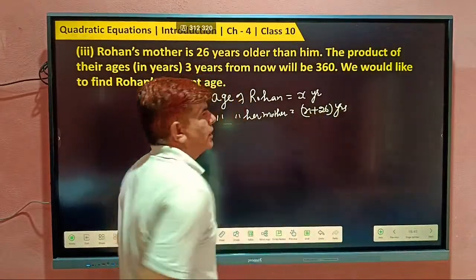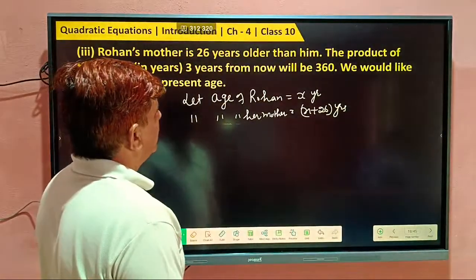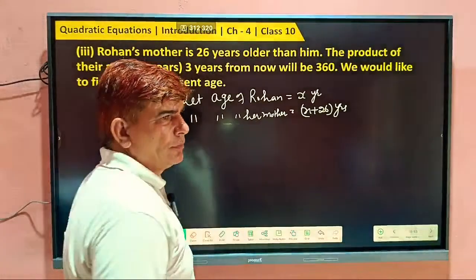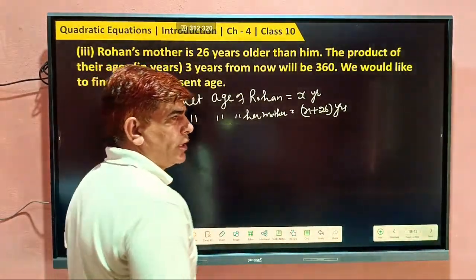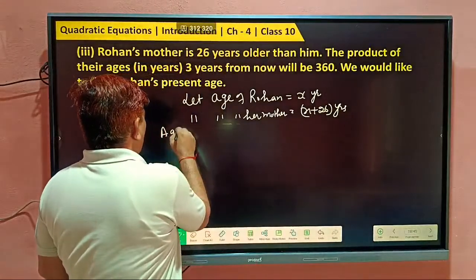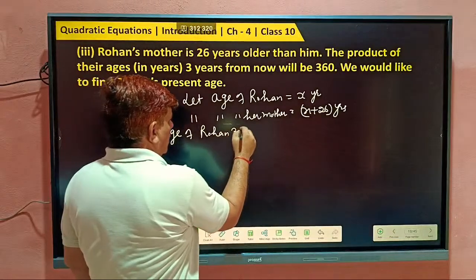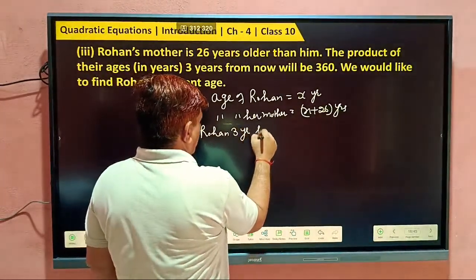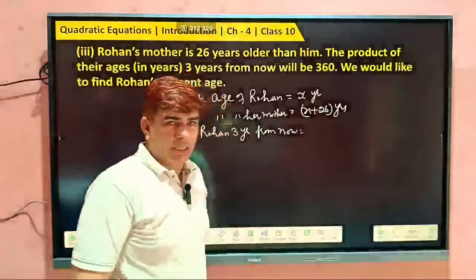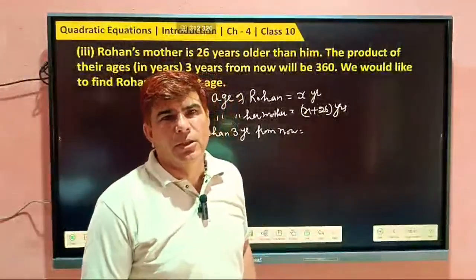This is talking about the product of their ages 3 years from now. So first you have to find out the age of Rohan 3 years from now. Like this, your age is 20 years now. So after 3 years, how much? 20 plus 3, 23.